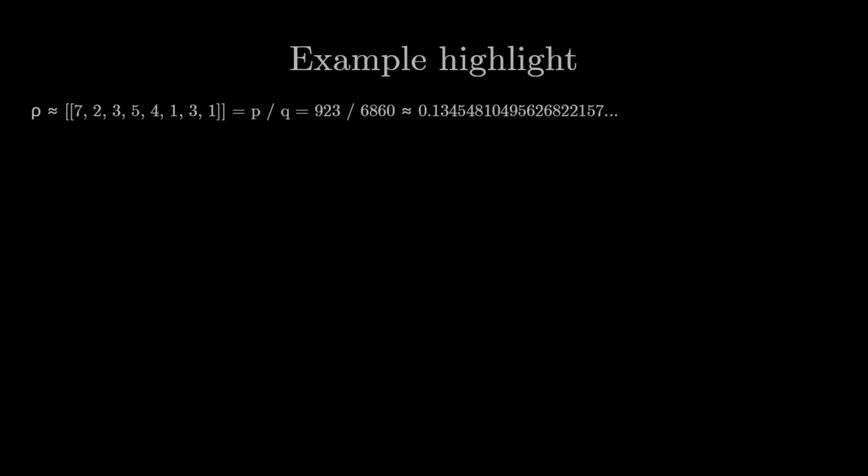Now, as you remember, I mentioned there is a coefficient 1000 in the continued fraction. So if we restrict the approximation just before that, then we find P over Q equals 923 divided by 6860, which is actually really close to the root of the polynomial.